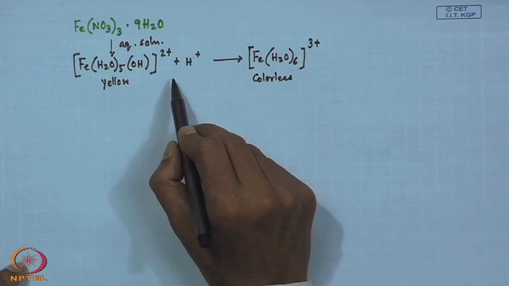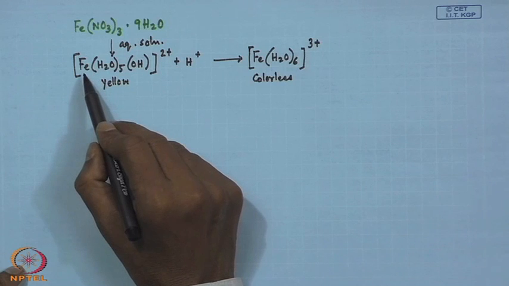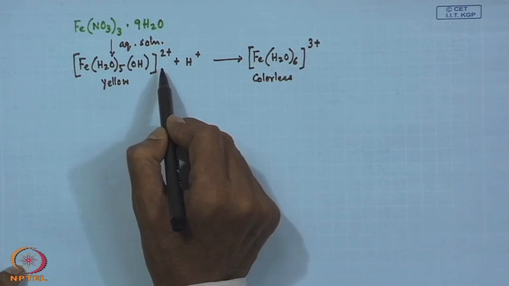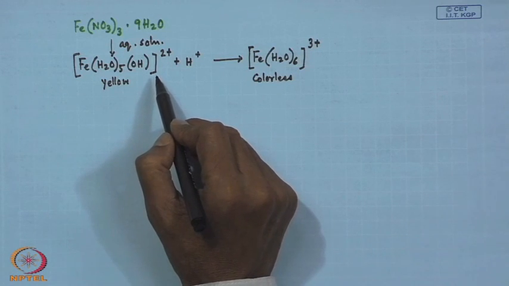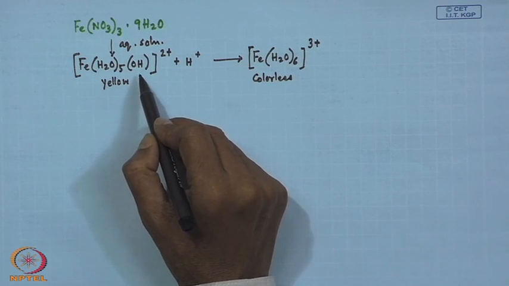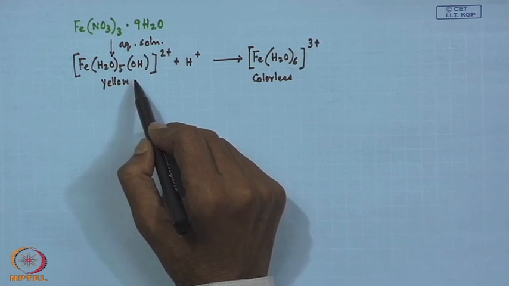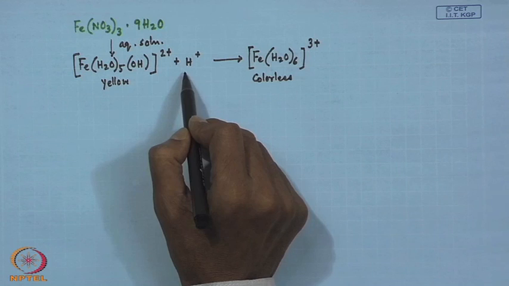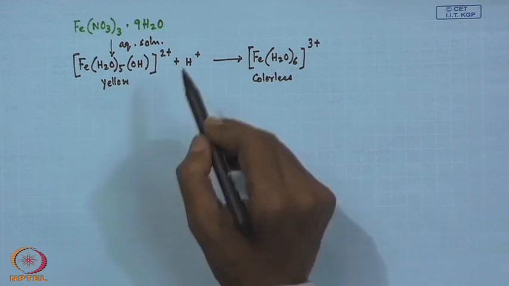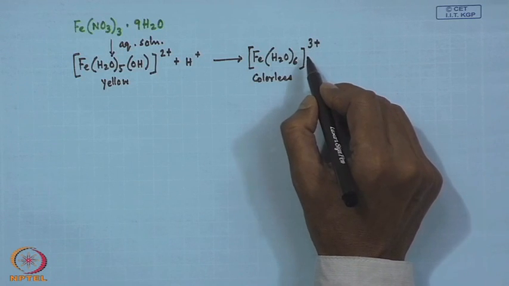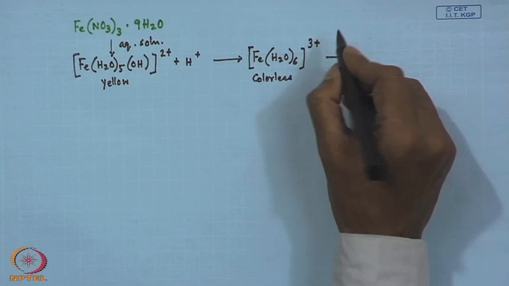On the complex also we find some acid base type of reaction, because the water molecule which is bound to the ferric center, iron in +3 oxidation state, polarizes the corresponding OH bond, and the pK value of this water molecule is getting lowered, and we get deprotonation, and proton is being lost from the medium, and we get the species in this form.